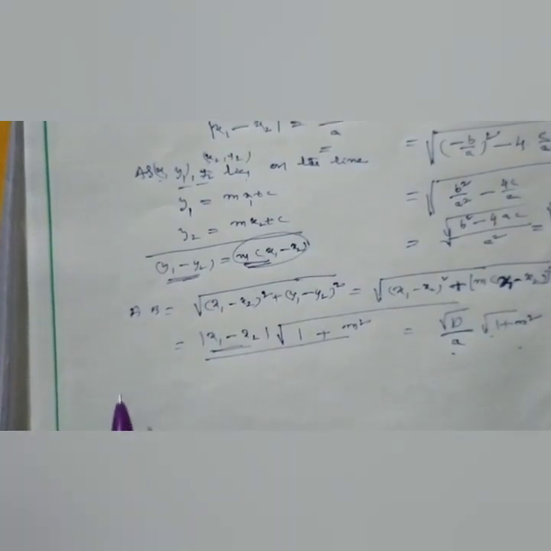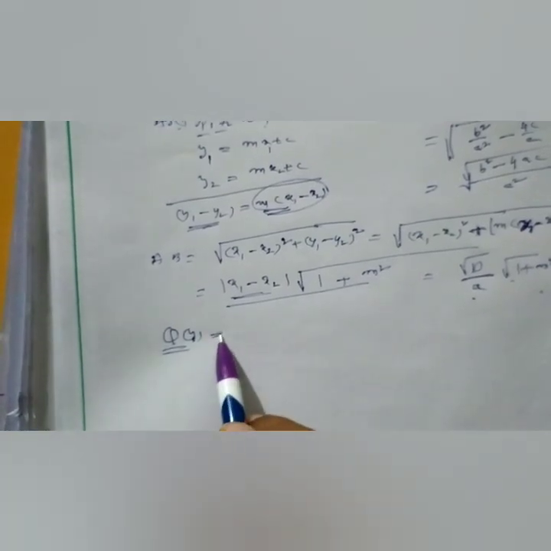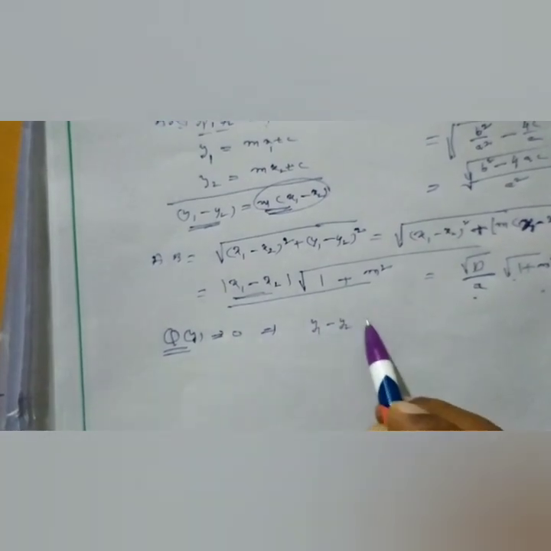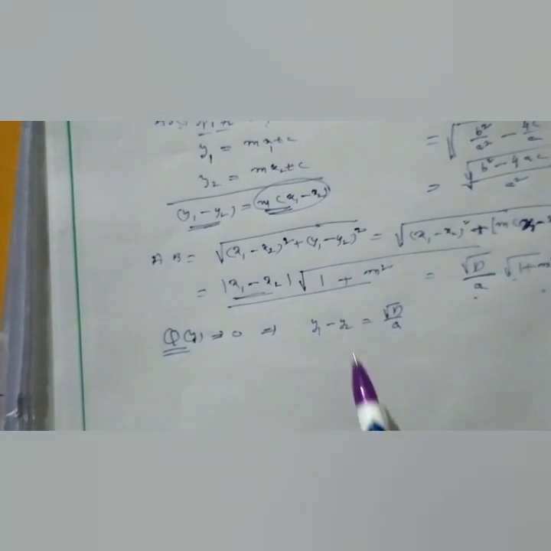Suppose, for our convenience, we form the quadratic equation in y by solving the two equations, the curve equation and the line equation. Then from this quadratic equation, we write y1 minus y2 is equal to root d by a. In that case also, we get the difference of the roots.